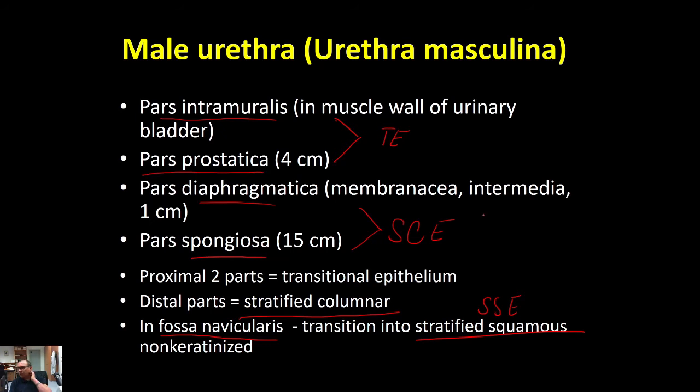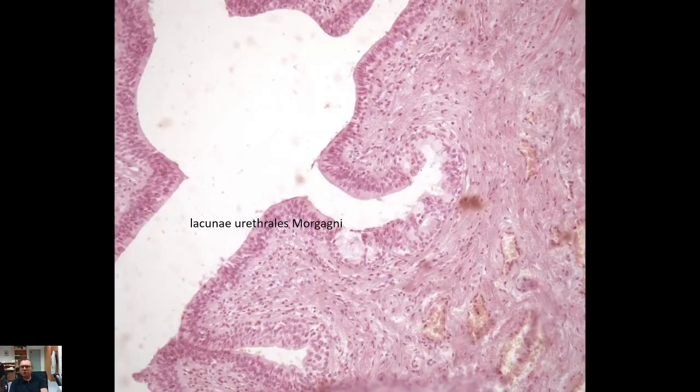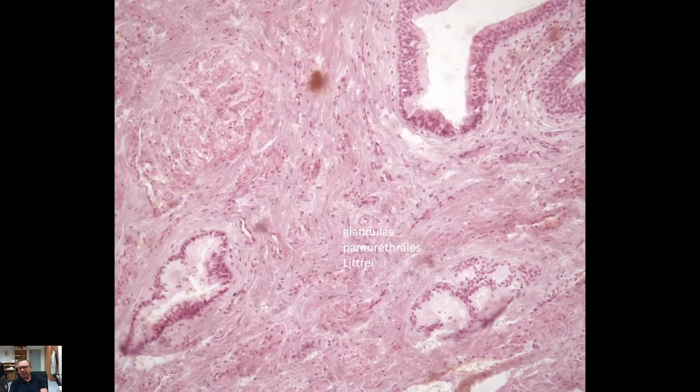The other parts of the wall also depend on the place where it is. Everything is modified by prostatic glands, for example, but lamina propria usually contains some glands, which are called paraurethral glands of Littre. Paraurethral glands of Littre are mucus producing glands in the lamina propria of the urethra.